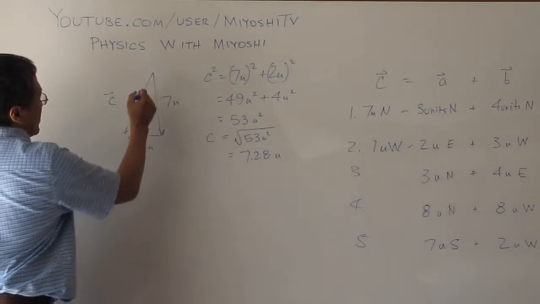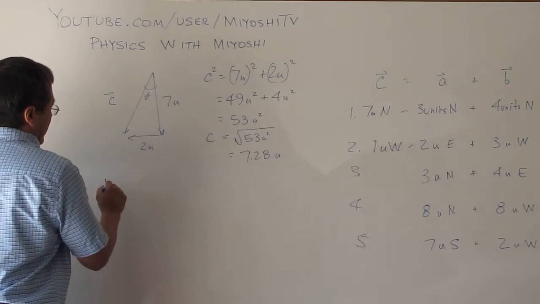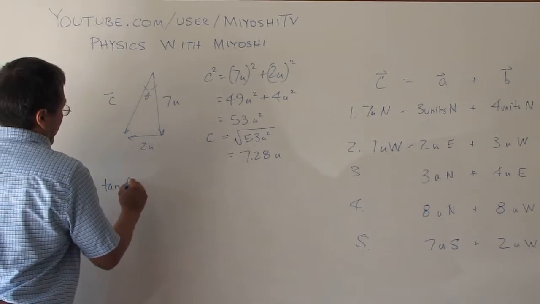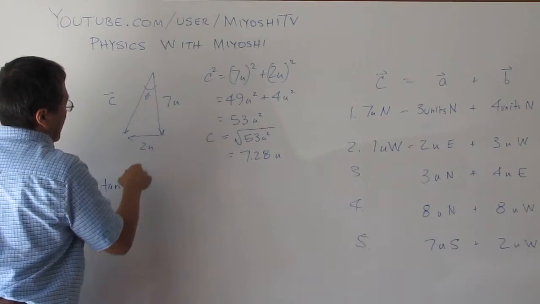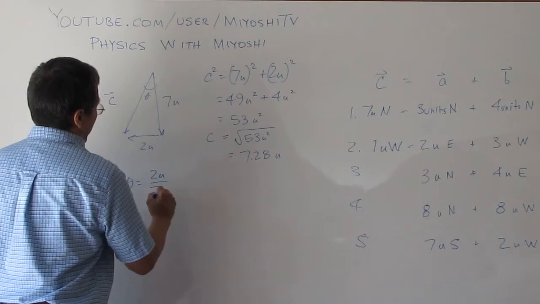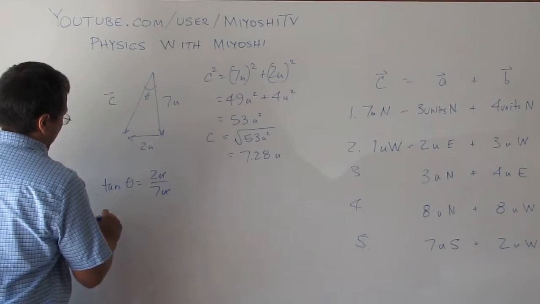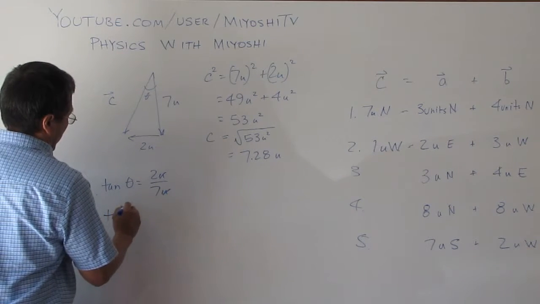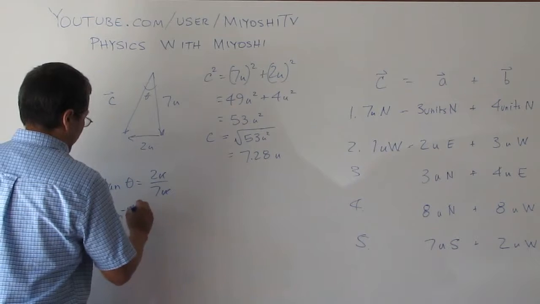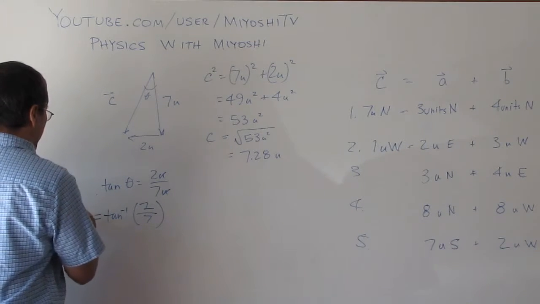Okay? My theta in this case is right here again. So the tangent of theta is opposite over adjacent. So it's 2 units over 7 units. The units cancel out. So I have tangent -1 of 2/7. That's going to be my theta.